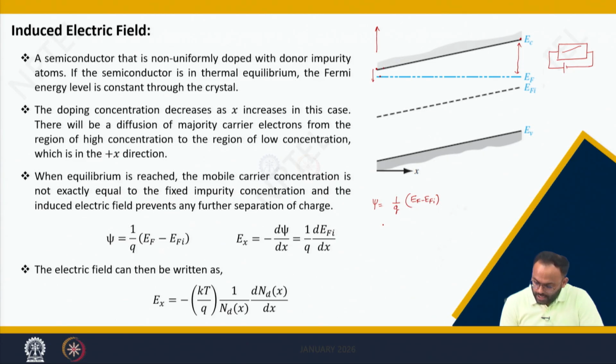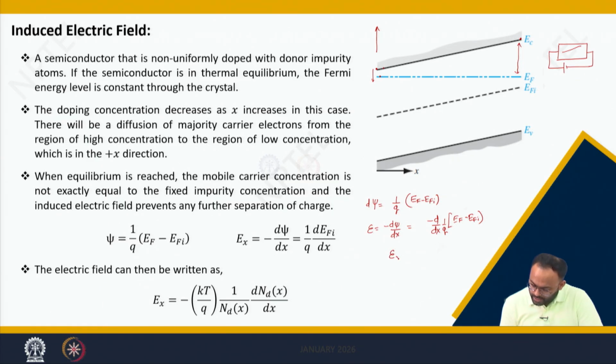We can simply rewrite, because of this potential there is an electric field that exists in the semiconductor, and that electric field can be given as minus dψ/dx, which is nothing but minus d/dx of minus (EF minus EFI) over q.